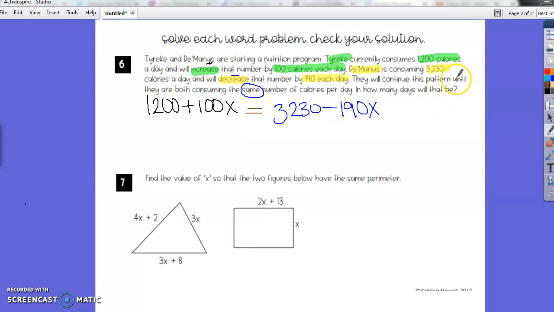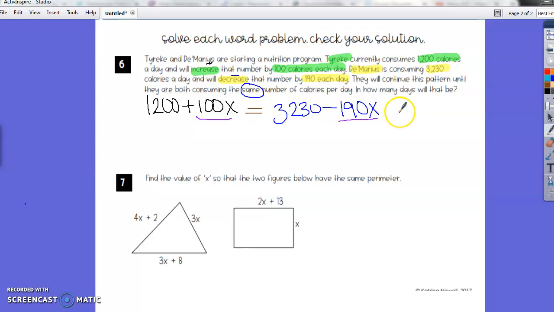All right, so now we're going to solve our equation now that we have it set up. So the first thing is I notice I have an X on the left side and an X on the right side. So we're going to get our X's together on the same side. So looking at our X's, which X is smaller?